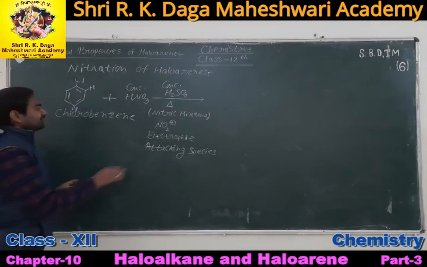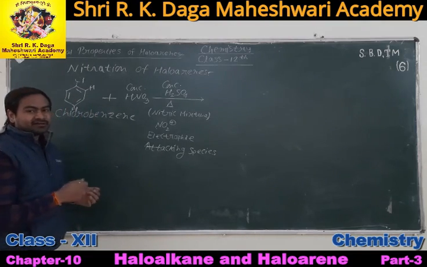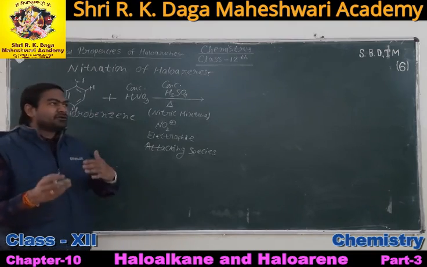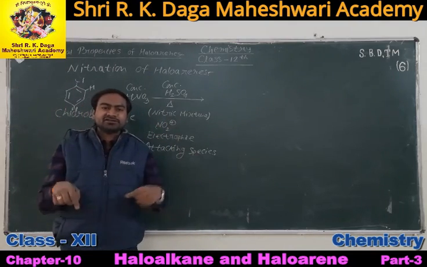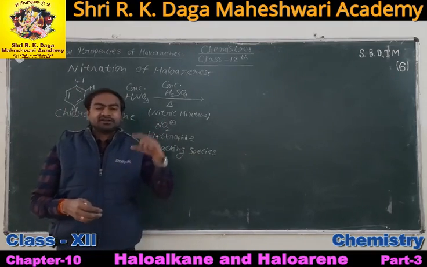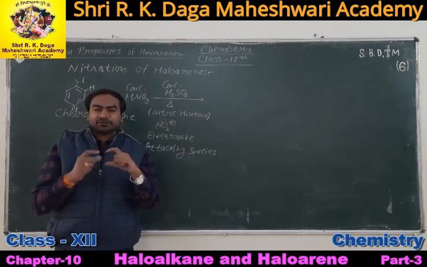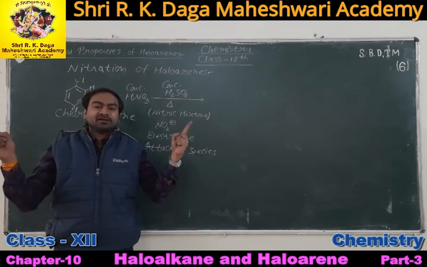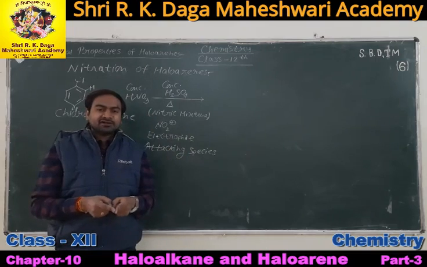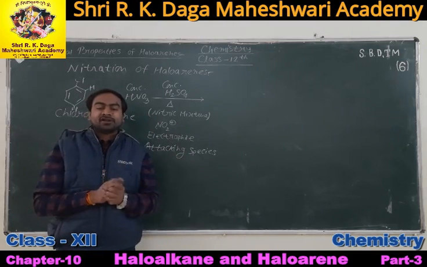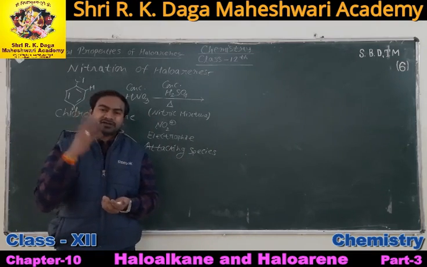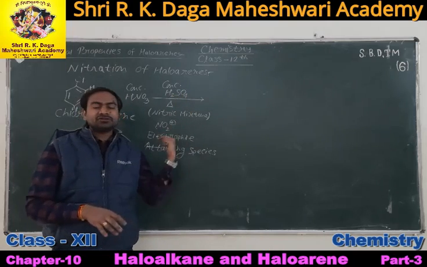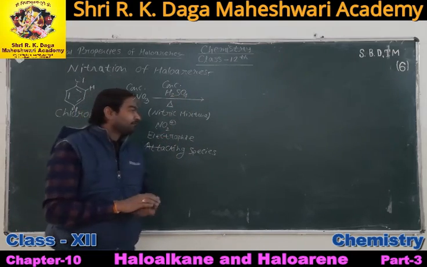That's why it is known as substitution. And if you observe the transition state, you will see that NO2 positive and H positive, both are connected with the central carbon atom. That's why it is known as an SE2 reaction. So these all belong to the SE2 mechanism.